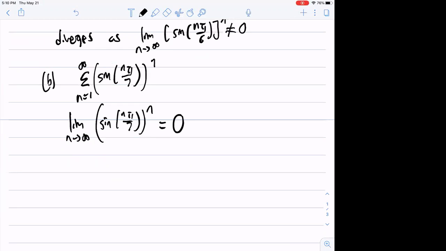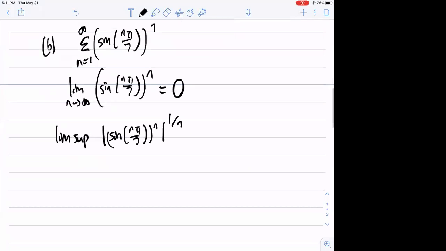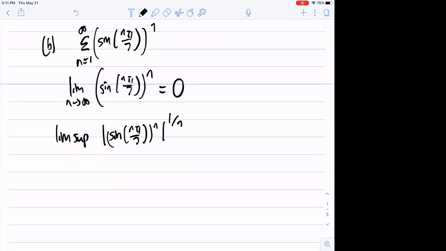So let's take the lim sup of the absolute value of sine to the n, to the 1 over n. The nth root of an nth power cancels, right? So this is just the lim sup as n goes to infinity of sine of n pi over 7.